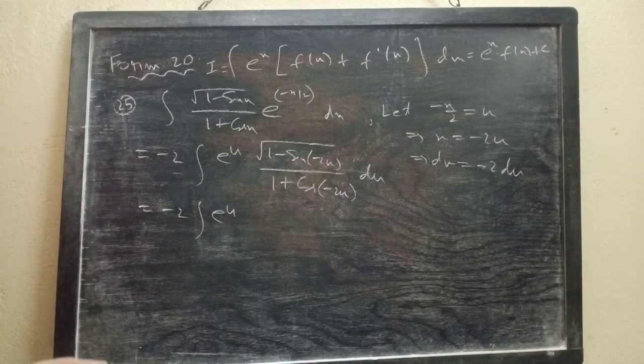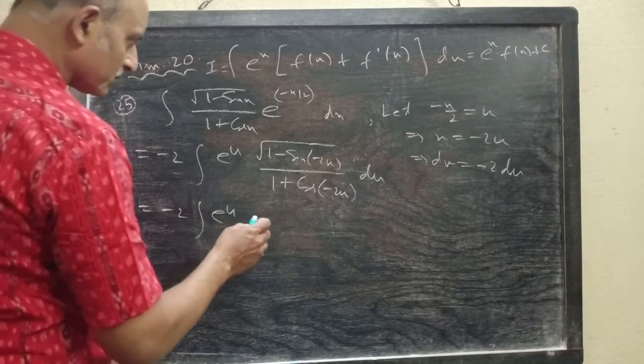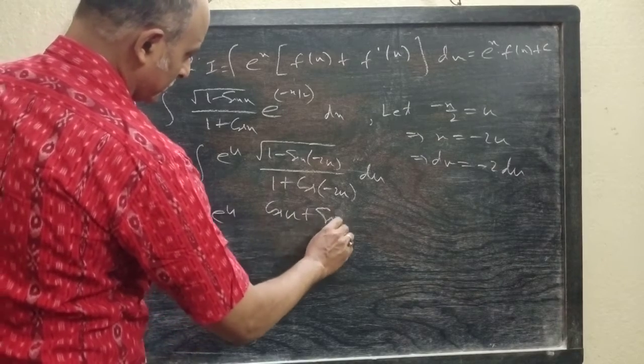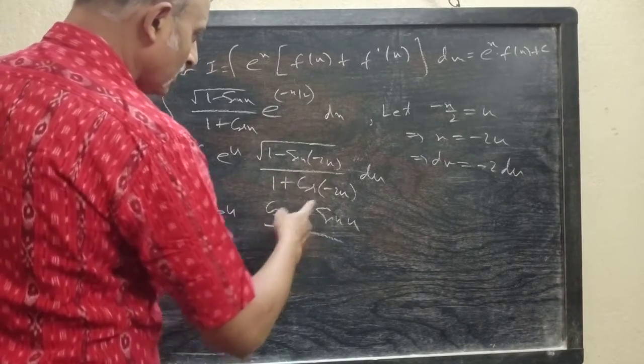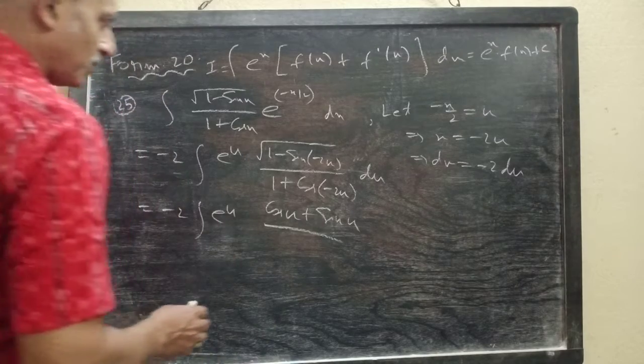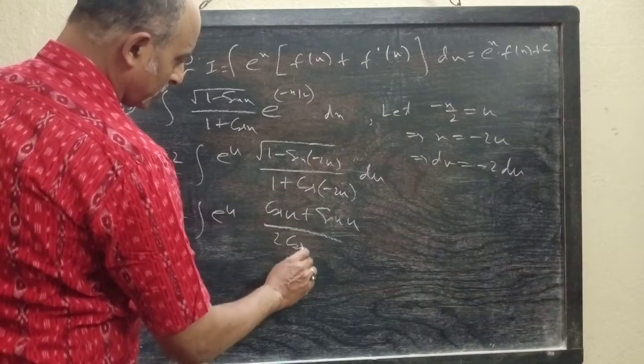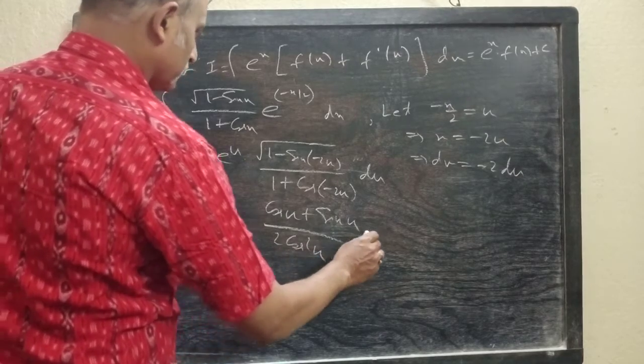Sine of minus 2u is minus sine 2u, so 1 plus sine 2u. Root over of this is cos u plus sine u. 1 plus cos 2u means 2 cos square u. Then du.